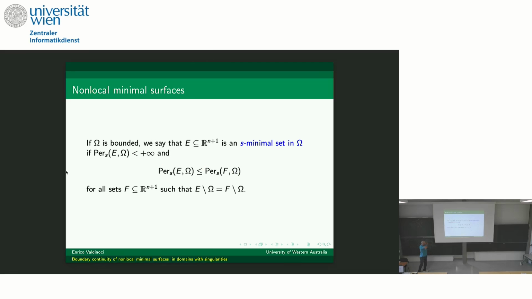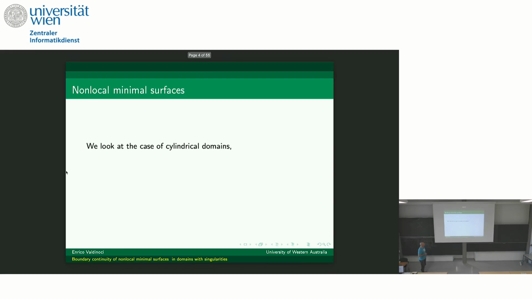And then I want to look at S-minimal sets in omega. So if omega is, for instance, a bounded set, and it's sufficiently regular to have competitors, then the S-minimal set is a set that minimizes the S perimeter among all competitors which coincide with a given datum outside omega.